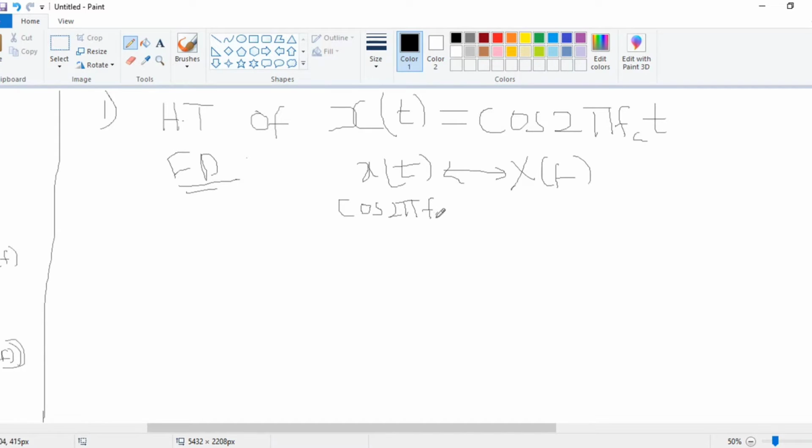Can anyone tell me? Anybody remembers? Tell me, ma. 1 by 2 delta of f minus fc plus delta of f plus fc.